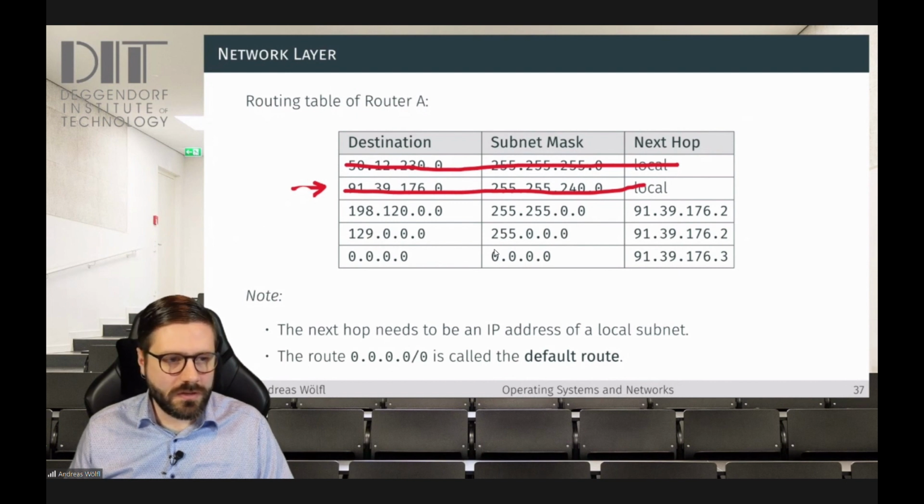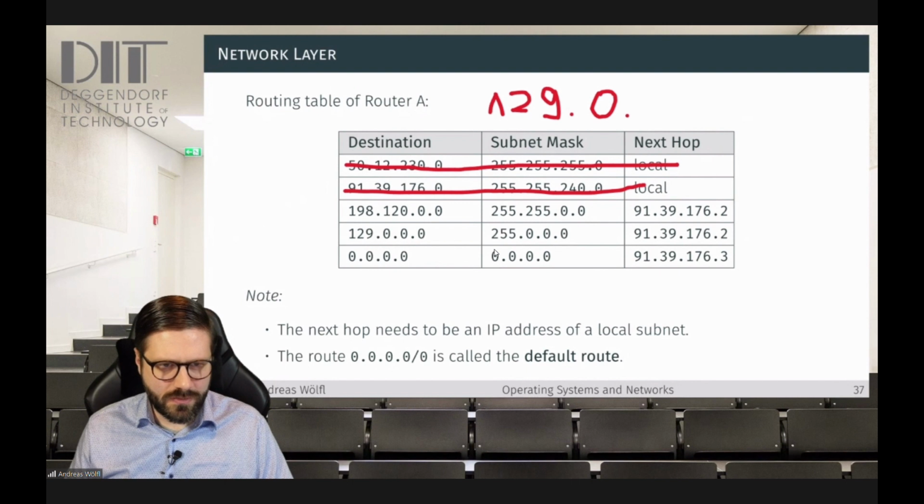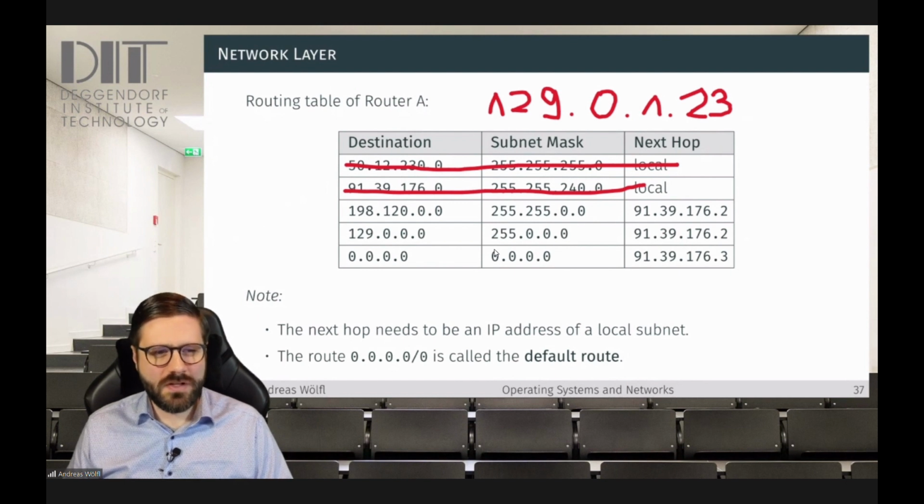Then we take a look at the next row, the subnet mask. Well, 129.0.1.23. This is our destination address.